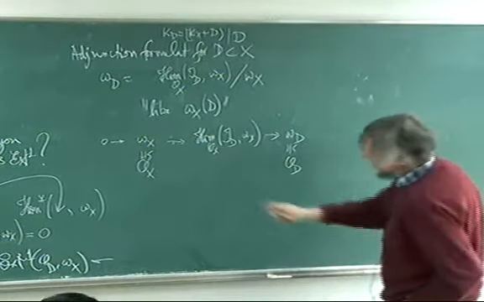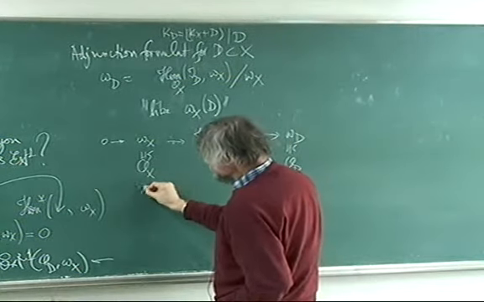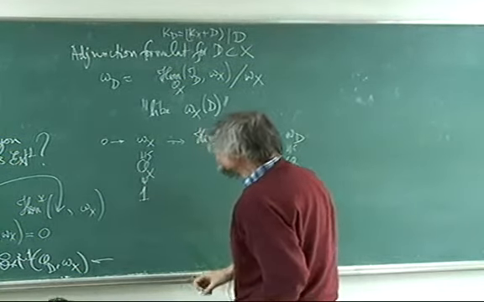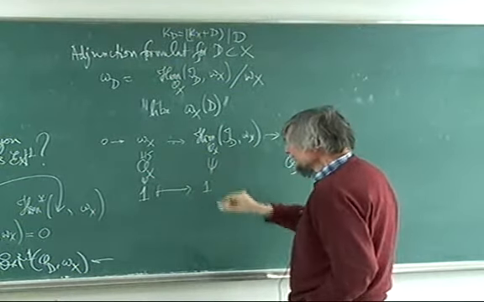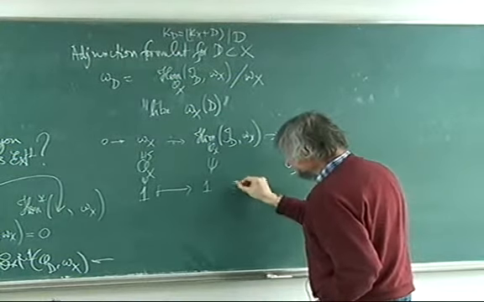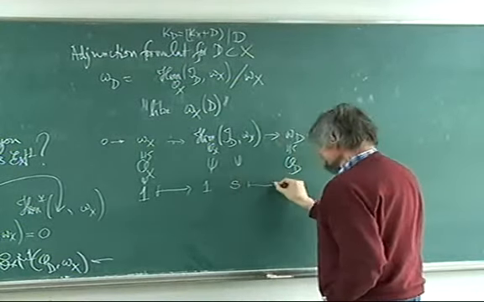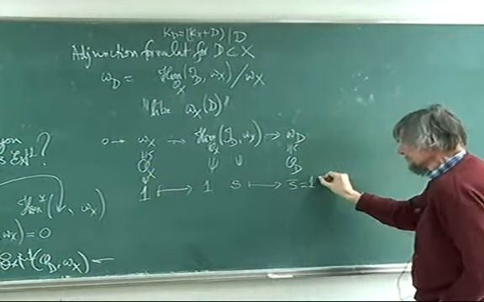So if you think about this module, then I can take the element which is 1 in there and map it to, maybe I call it 1 in there as well. And then there's another element, S here, that maps down to S bar, which is 1 in omega D.